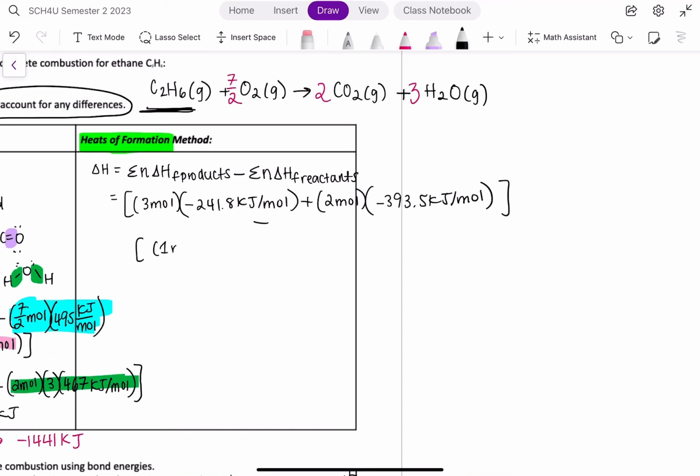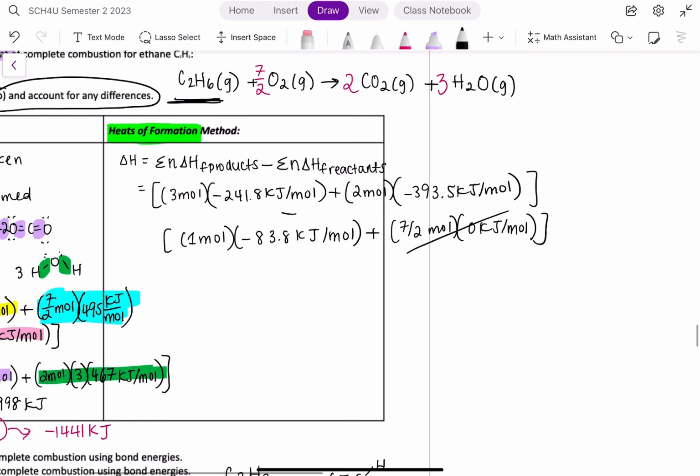So 1 mole of your ethane, which is negative 83.8 kilojoules per mole, plus, and remember, oxygen gas in its standard state will have delta H of 0. So we can cross this out entirely.